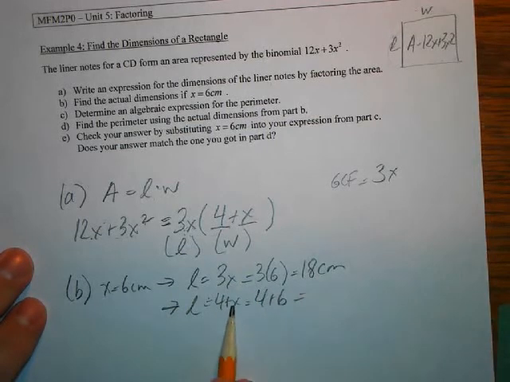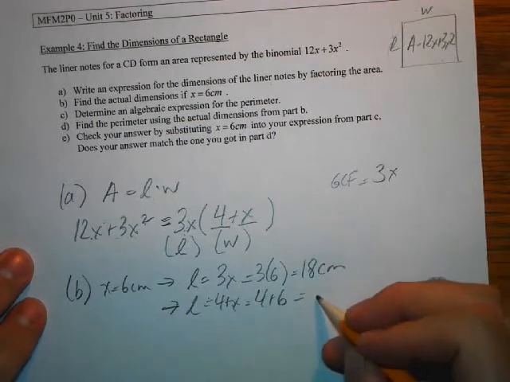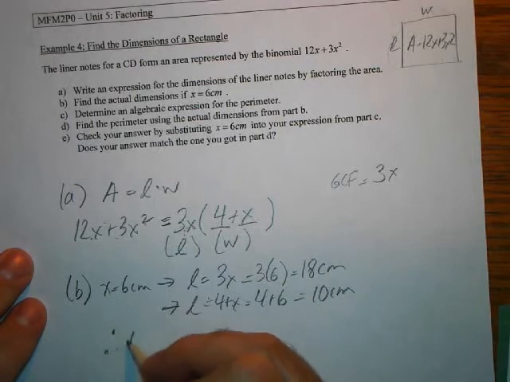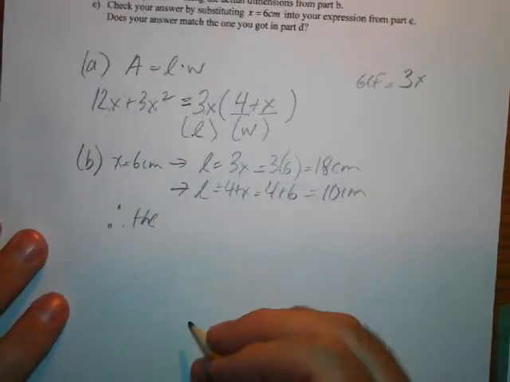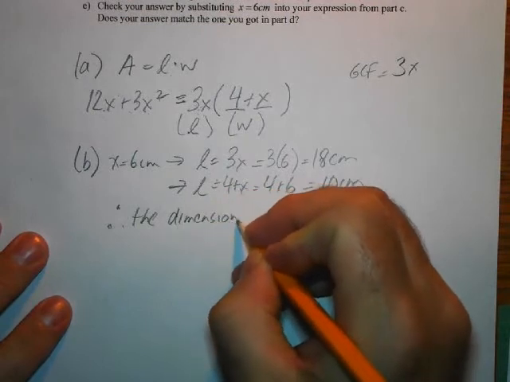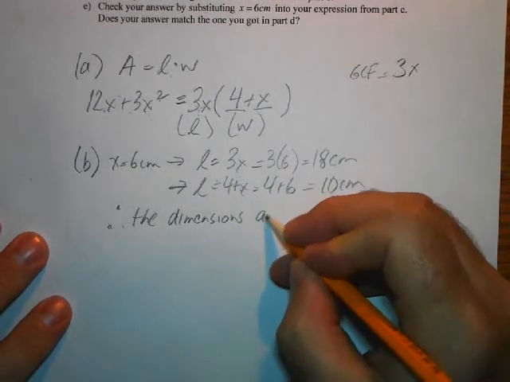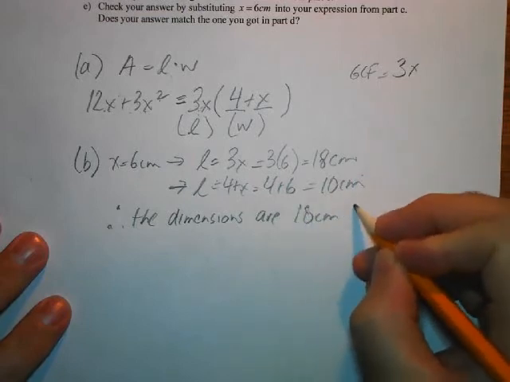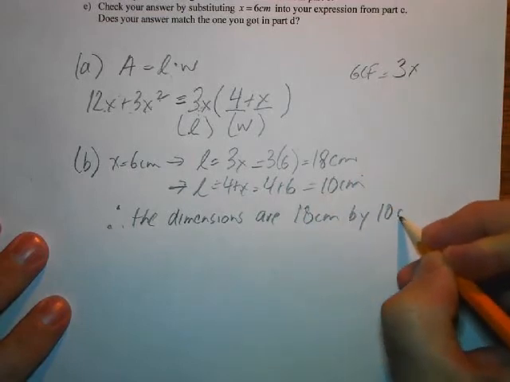Just plugging in the 6 there. So that's going to be 10 centimeters. So therefore the dimensions are, remember that's the length, that's the width, 18 centimeters by 10 centimeters.